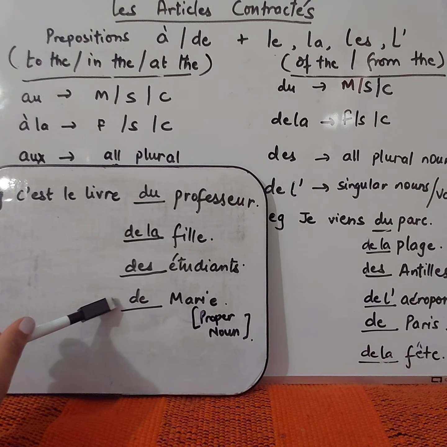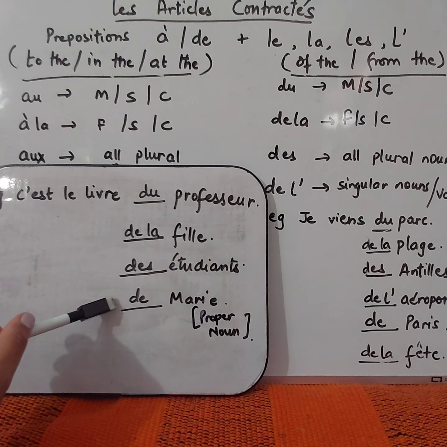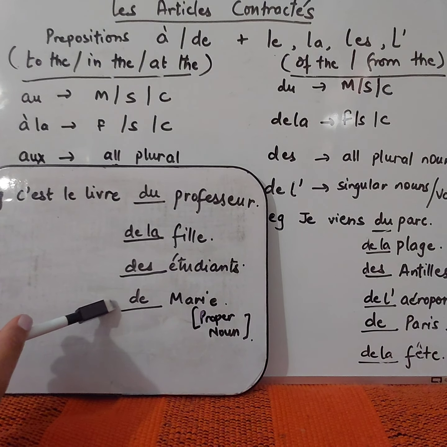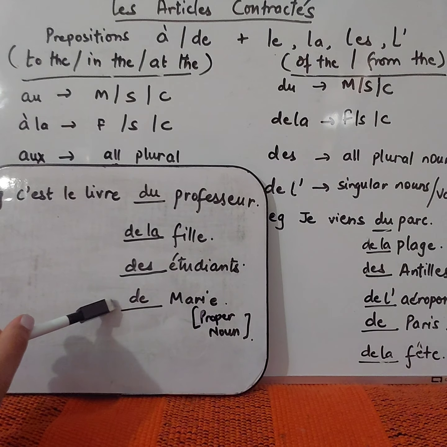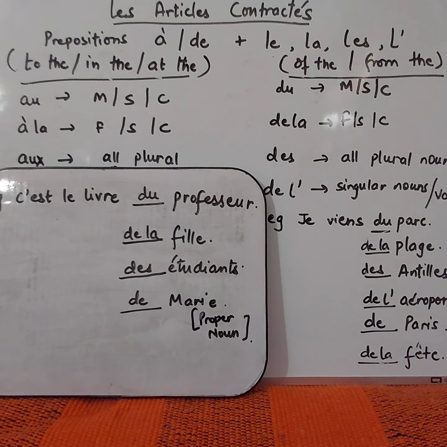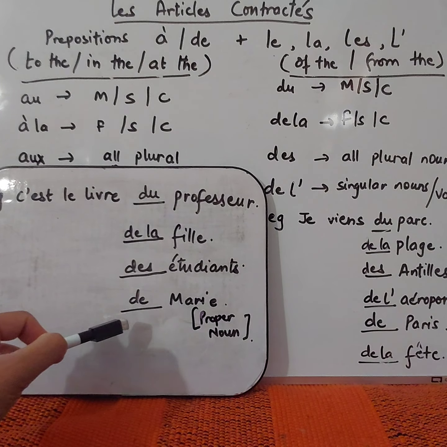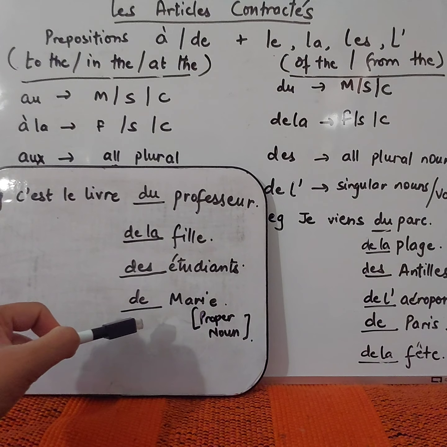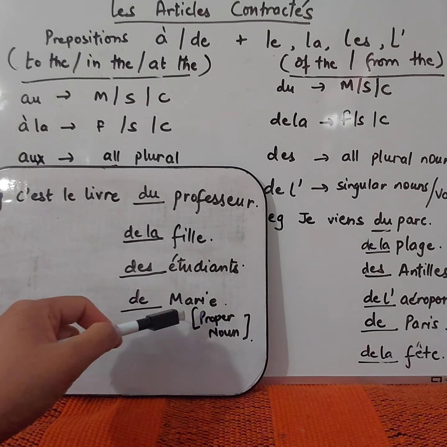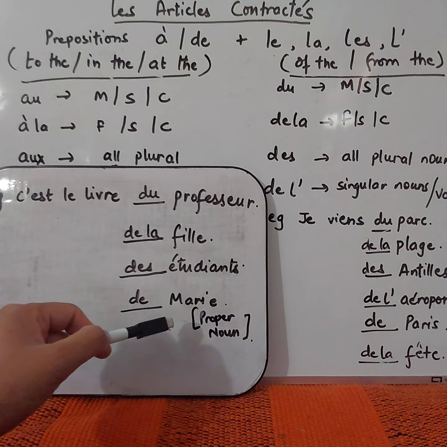Last but not the least, I have to say this is the book of Marie, right? Now Marie is the name of a girl, right? So instead of Marie, let's say if it is Paul, this is the book of Paul. The answer will be the same in that case. It will be c'est le livre de Paul, right? Why will the answer be the same? Because Marie and Paul both are proper nouns, right?